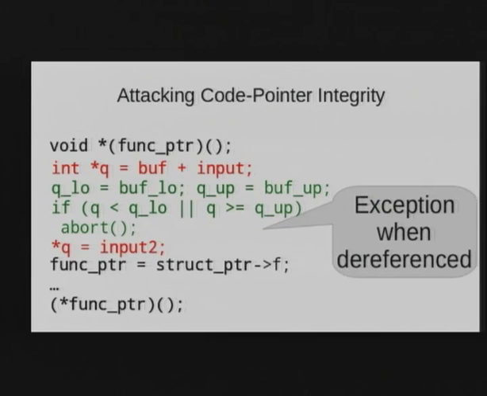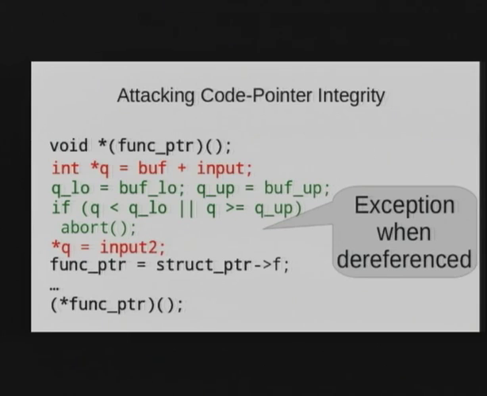And in this case, there will actually be an exception when the attacker-controlled value of Q is dereferenced, and we can stop the program before the actual memory safety violation happens, and thereby protect the integrity of the system.